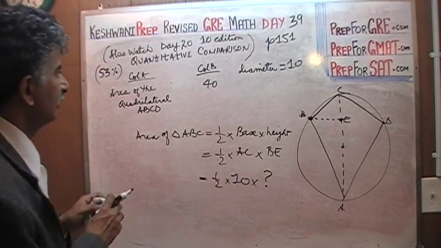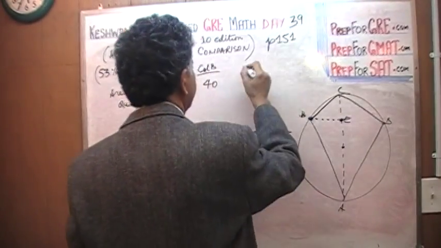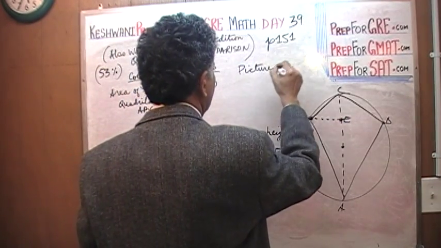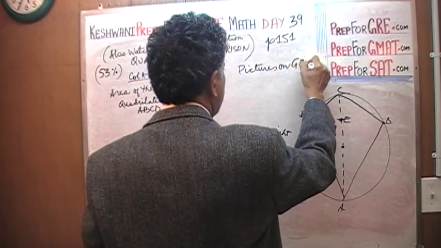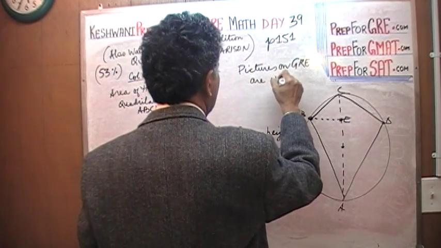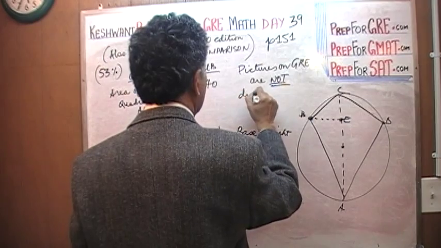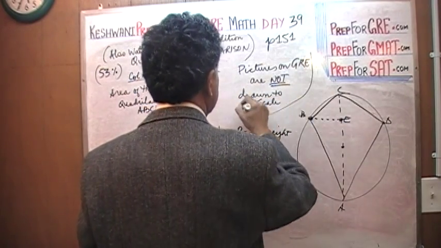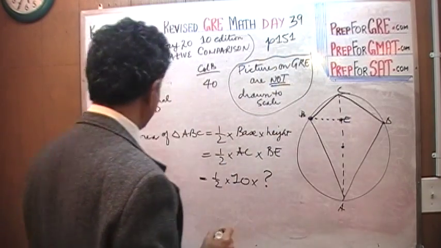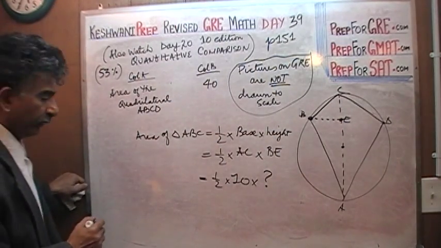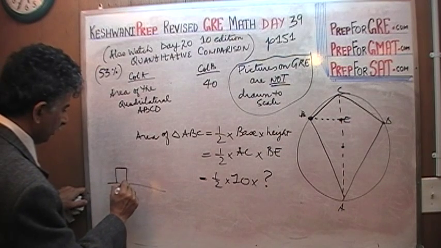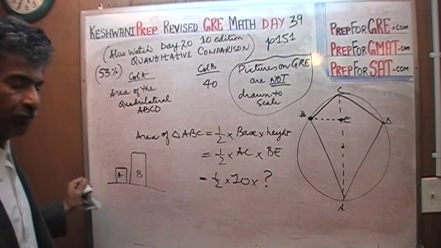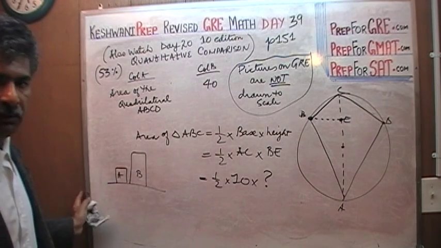The pictures on the GRE are not drawn to scale. For example, let me give you a silly example just to drive the point home. If I ask you which building is taller, building A or building B, you cannot just point to the picture and tell me that of course building B is taller, I can see it.